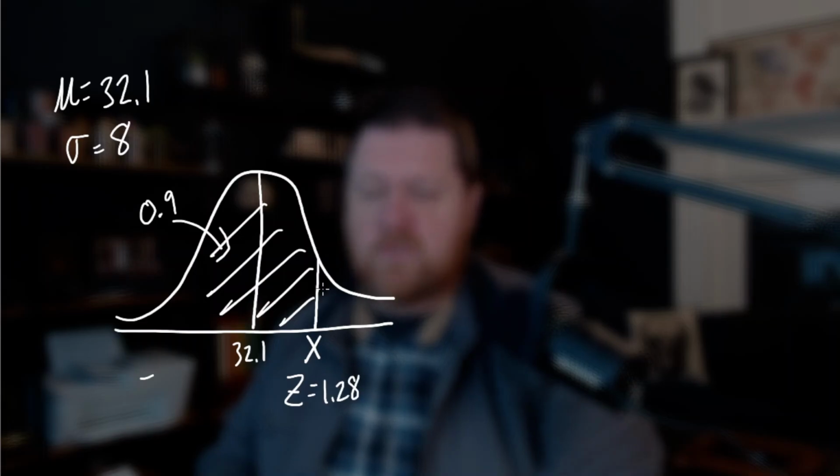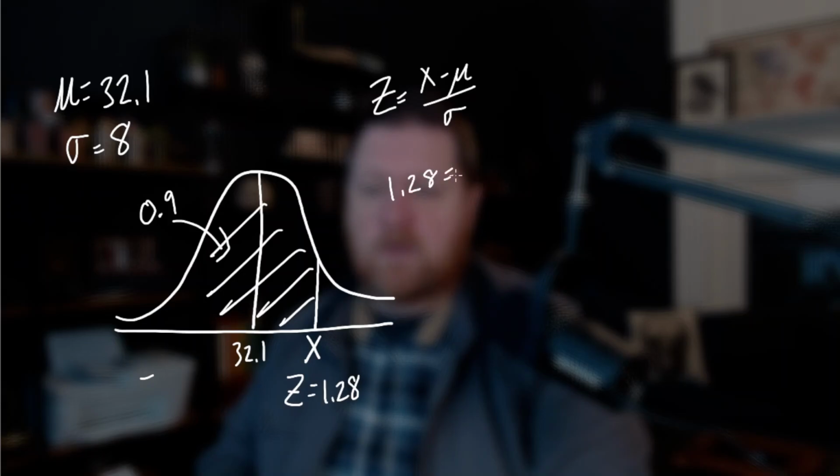Okay? So with a z-score of 1.28, now I can come up here and use my z formula. Z is equal to x minus mu over sigma. So 1.28 is equal to x minus 32.1 over 8.